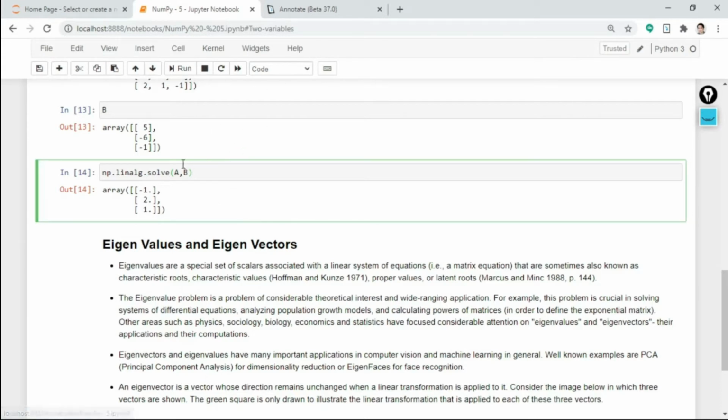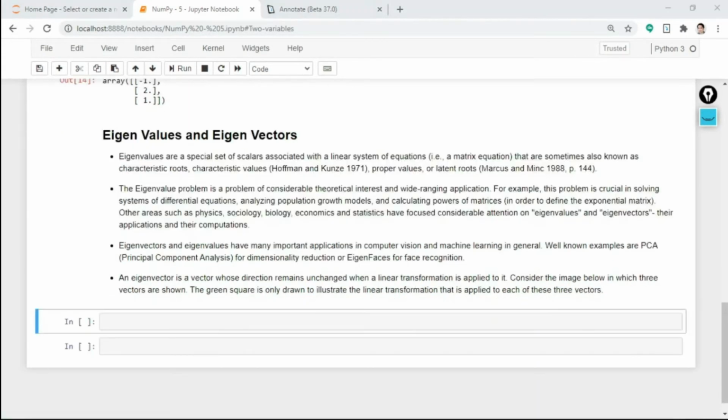So you see, it's easy when you're using NumPy. So for the last part of the NumPy section, we have eigenvalues and eigenvectors. So to give you a quick overview of what is an eigenvector or eigenvalue. These are a special set of scalars associated with a linear system of equations.